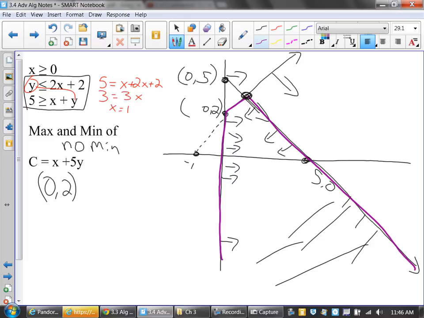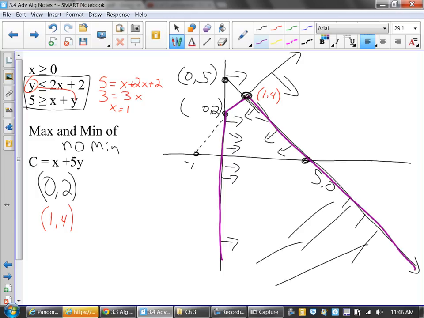X is 1. What's y? 4. I already had y by itself in the first inequality, so I just substituted into the second one. Solve for x. Systems of equations, just like we did last week.